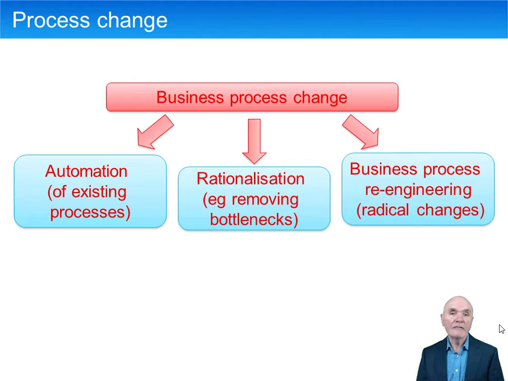And then finally we have business process re-engineering. This is a very radical, fundamental change in what's taking place. And the classic case, which is frequently mentioned in business process re-engineering, happened at Ford Motor Company in America.